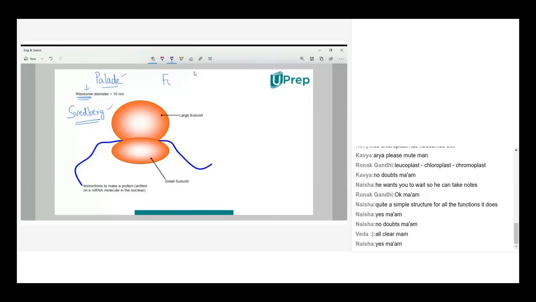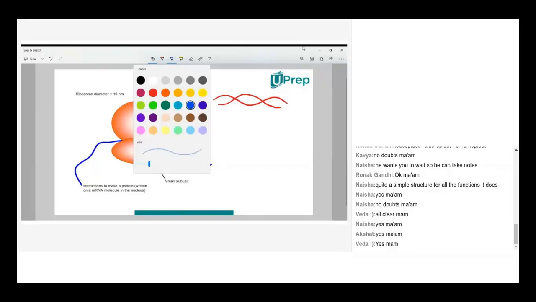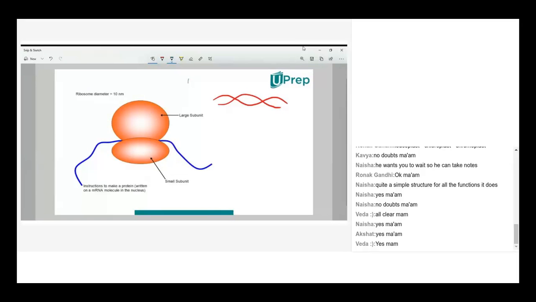The basic function of the ribosome is nothing but protein synthesis. DNA is a double-stranded molecule. While discussing the DNA molecule, I explained that you'll have three components in DNA: a nitrogen base, deoxyribose sugar, and a phosphate.